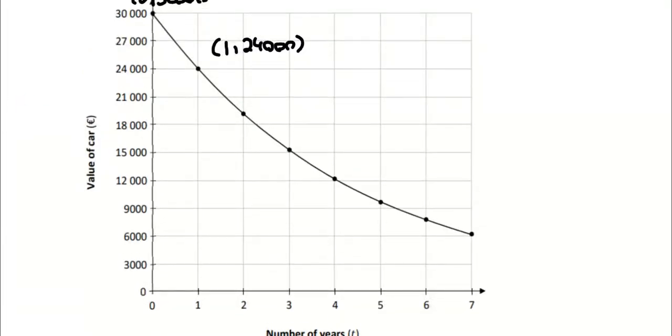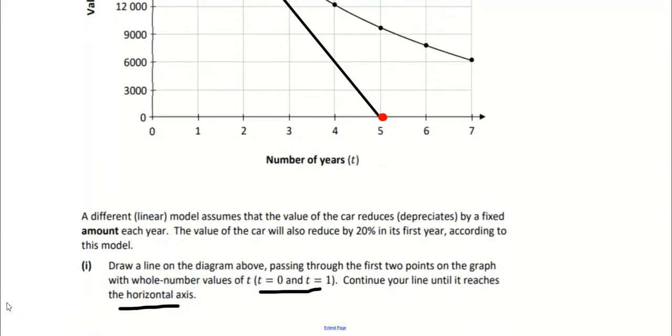We grab a line, put it through the first 2 and keep going. So see the way it has to go through these 2 points here. And what we also notice is that it finishes after 5 years. Okay, so we did exactly what they wanted us to do.